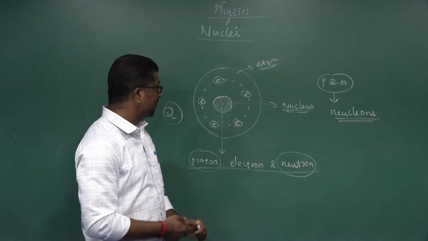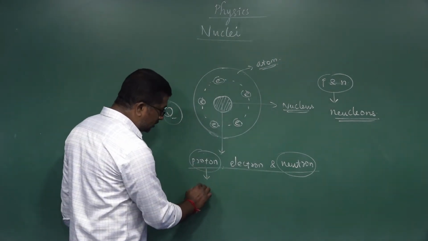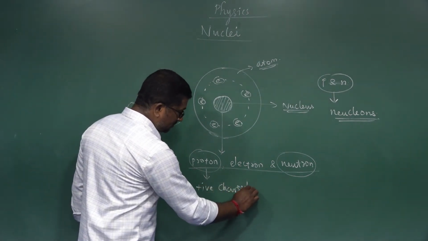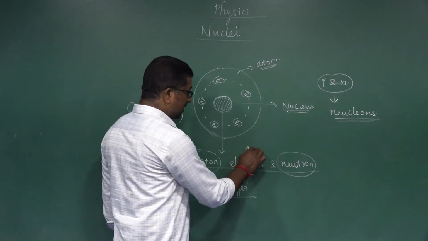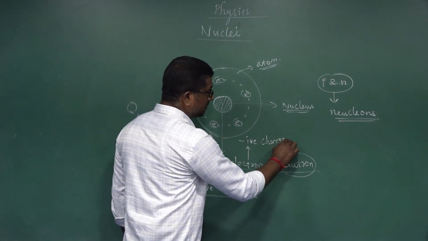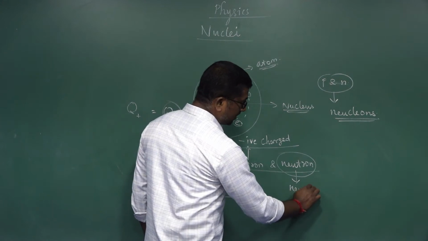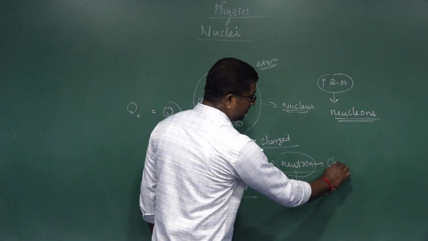Here the proton is a positively charged particle and the electron is a negatively charged particle, whereas the neutron is a neutral particle, that is, chargeless.